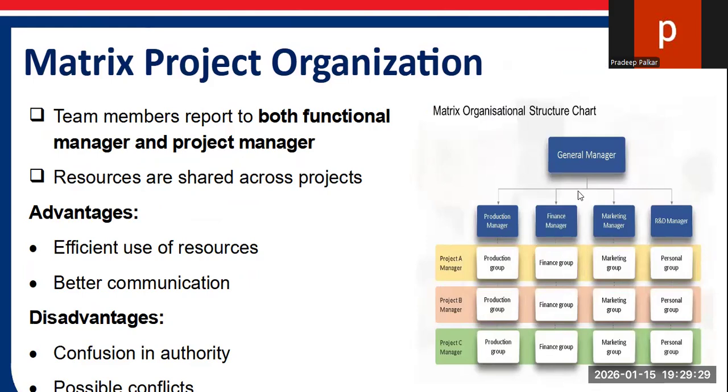Here are the production manager, finance manager, marketing manager, and R&D manager. If any difficulty is generated, the production employee simultaneously reports to the production manager, and also to the R&D manager as well as the finance manager. That is the advantage of the matrix project organization.